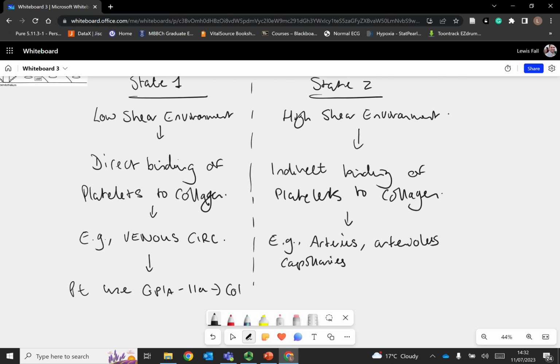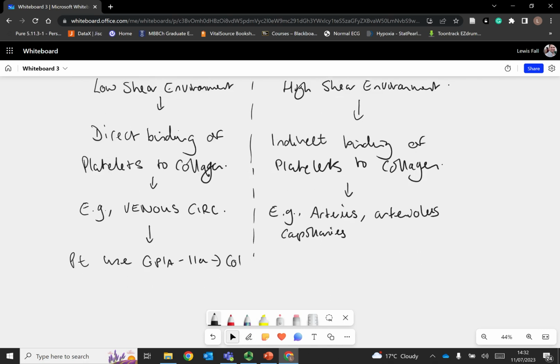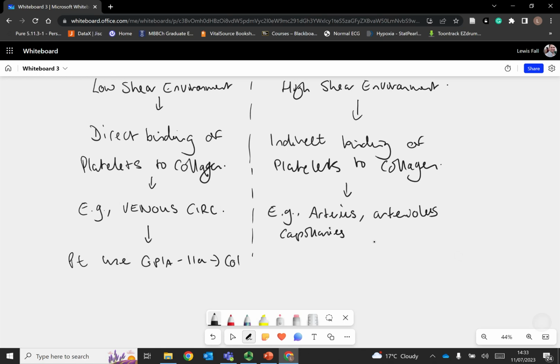Predominantly more to the arterial side of the capillary, but still capillaries. What we get here is indirect binding, as we've said.